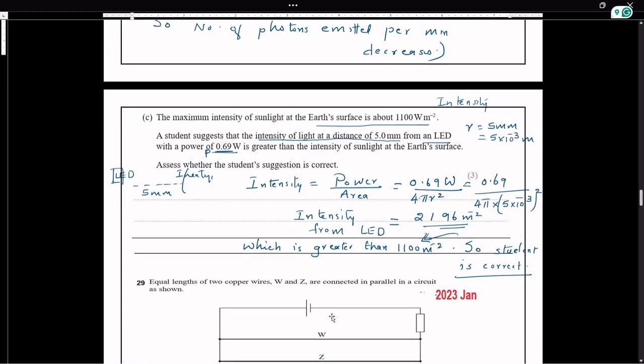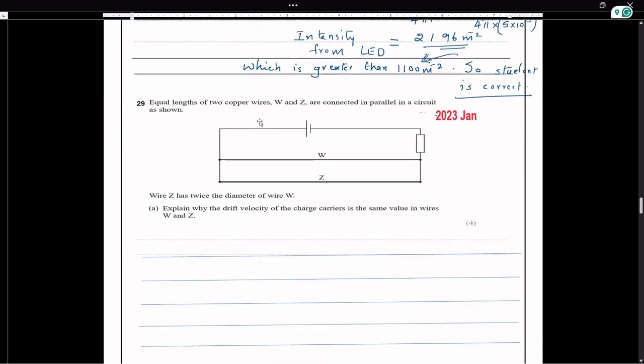Now let's move on to the next question. Equal lengths of two copper wires W, Z are connected in parallel in a circuit as shown.